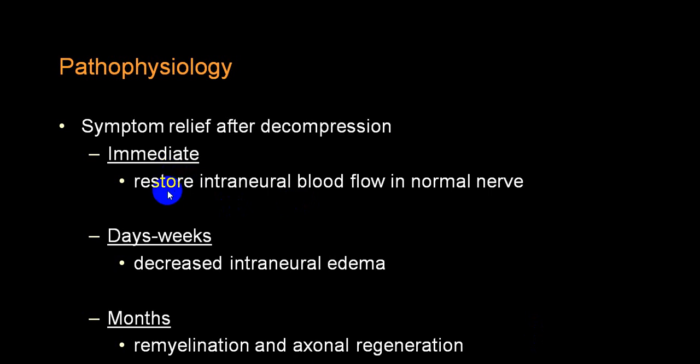Immediately, intraneural blood flow will try to restore as soon as you get decompression. There will be decreased intraneural edema after days and weeks, and remyelination and axonal regeneration may take place after months, but if not treated, irreversible damage.